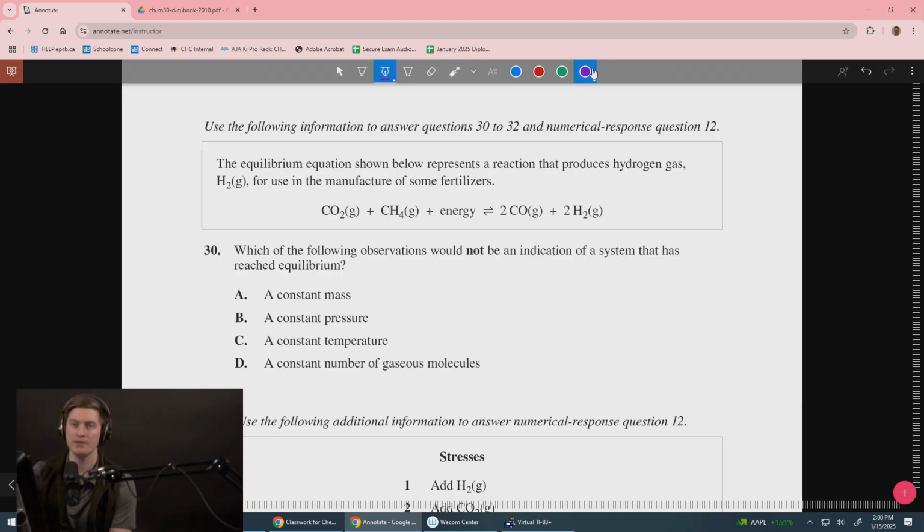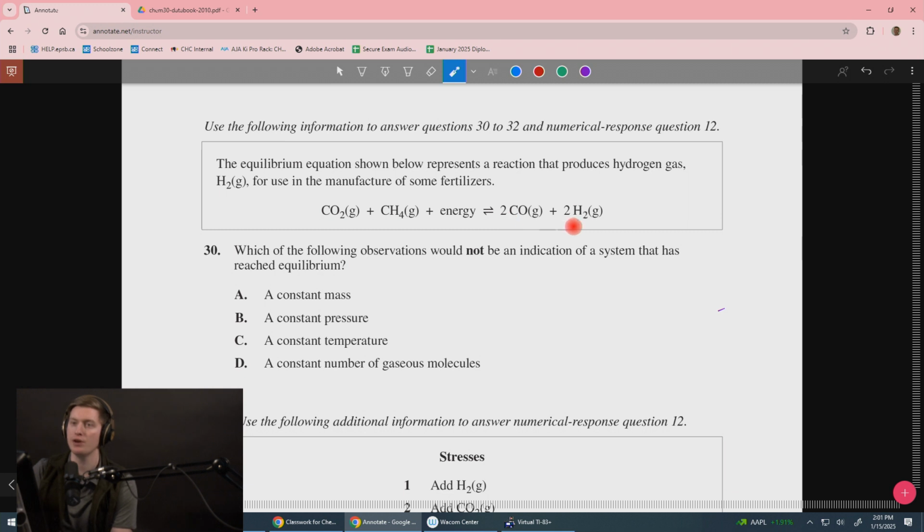Now, this is a bit of a definition question. Do you understand what equilibrium means? Equilibrium means that the rate of our forward reaction and the rate of our reverse reaction is equal. It doesn't mean that we necessarily have equal concentrations of products and reactants. In fact, probably not. But it does mean that the overall concentrations are not changing.